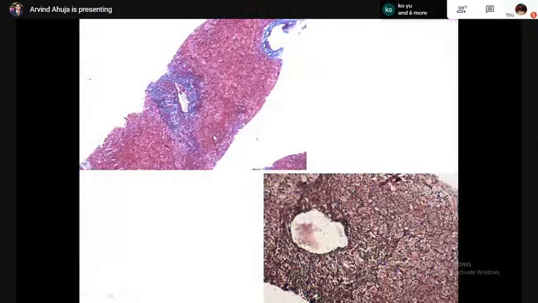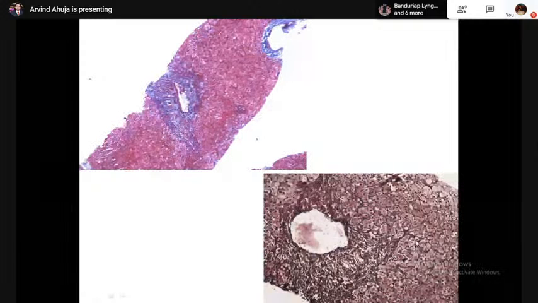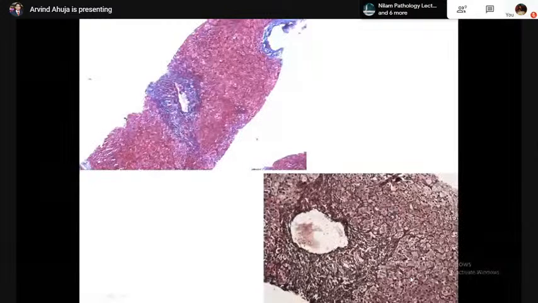This is a Masson's trichrome stain to see whether the fibrosis is portal based, or periportal, or there is bridging fibrosis. At this power, we can see that the fibrosis is predominantly restricted to the portal tracts. So it is a portal fibrosis, and the reticulin stain also shows portal fibrosis, and the hepatocytes are showing predominantly a single cell pattern.